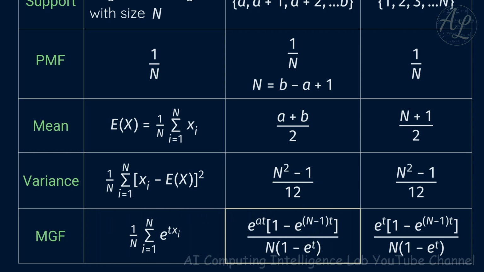Then, for the consecutive case, we have this expression which we will derive in one of the next videos. And the standard case is similar to the consecutive case, except that a in the consecutive case is equal to 1 in the standard case. So the a in the standard case is gone, and the rest of the expressions are the same.